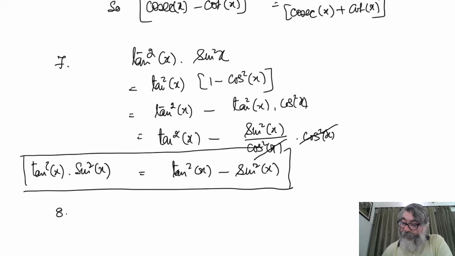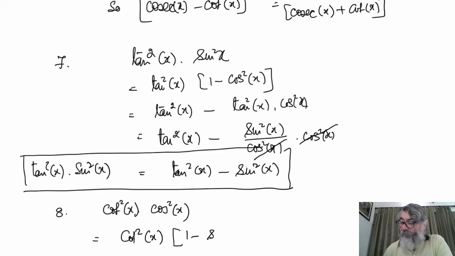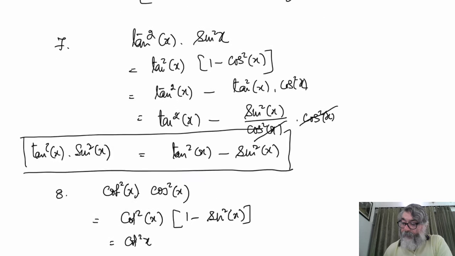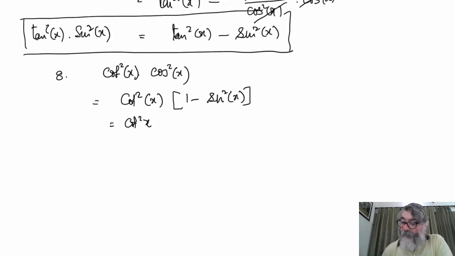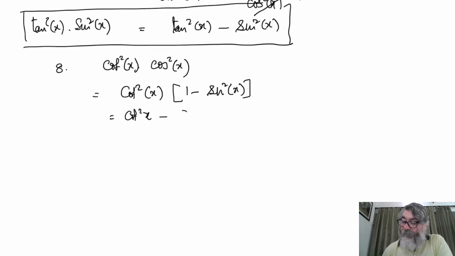Similarly, cot square x into cos square x. Again, we'll do the same thing we did in the previous question. Cos square x can be written as 1 minus sin square x. So cot square x minus cot square x into sin square x.